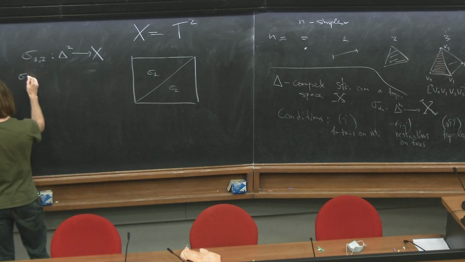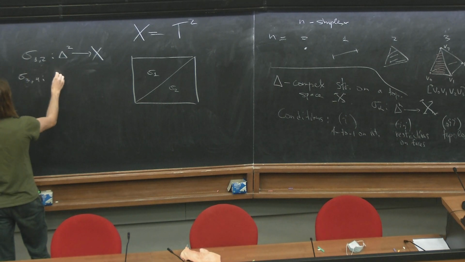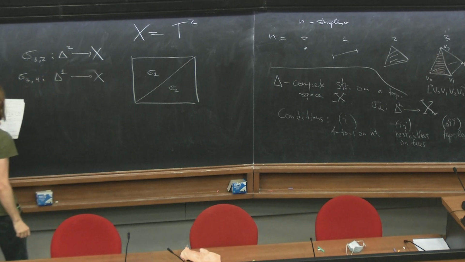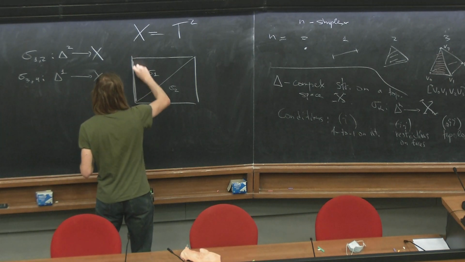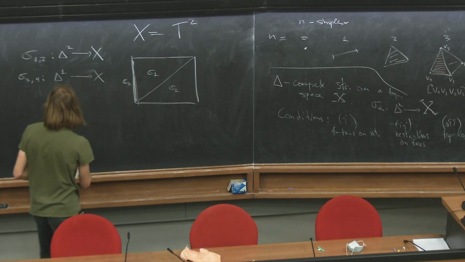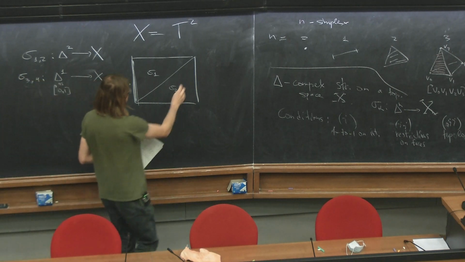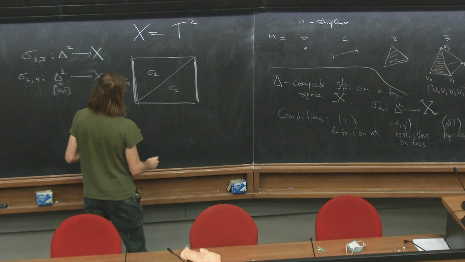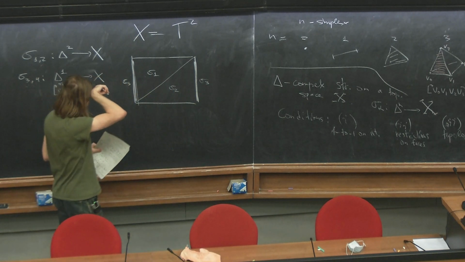Let sigma 3 and 4 be a pair of maps from a 1 simplex to X, so that this edge will be an image of sigma 3, so this is just an interval. Of course, we know that it should be identified with this edge, so this is also the same. This is the image of sigma 3.